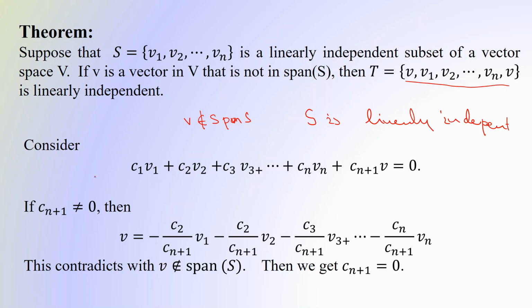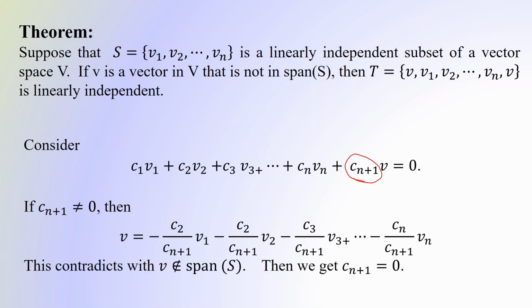Now, to show that the set of vectors in T is linearly independent, you take a linear combination equal to 0. Now if c_{n+1} is not equal to 0, that means we can take this term to the other side and divide by c_{n+1}, because c_{n+1} is not equal to 0. Then v can be written as this.